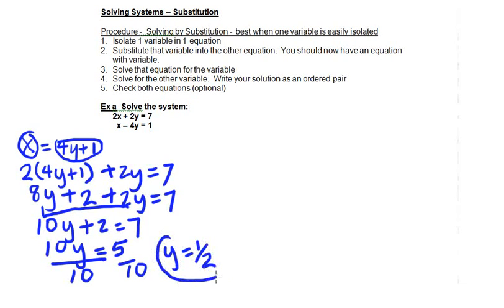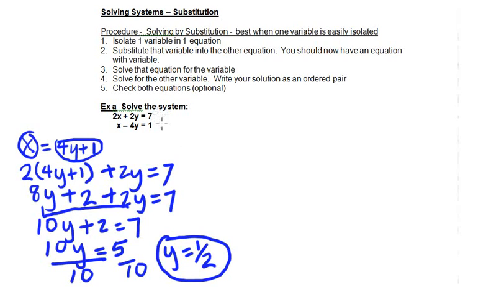And that feels really good. It feels like we've got a solution here, but actually we've only got half the solution because since we have two coordinates, x and y, we have to find values for both of those coordinates. So now we go back to step 4, which says solve for the other variable. We want to solve for the x, and we'll do that by plugging y is equal to 1/2 into an equation.